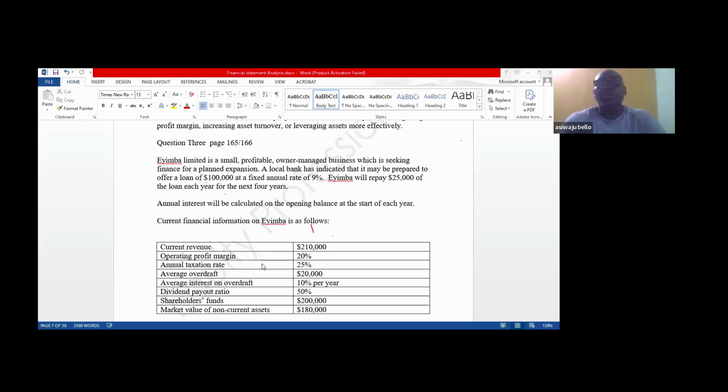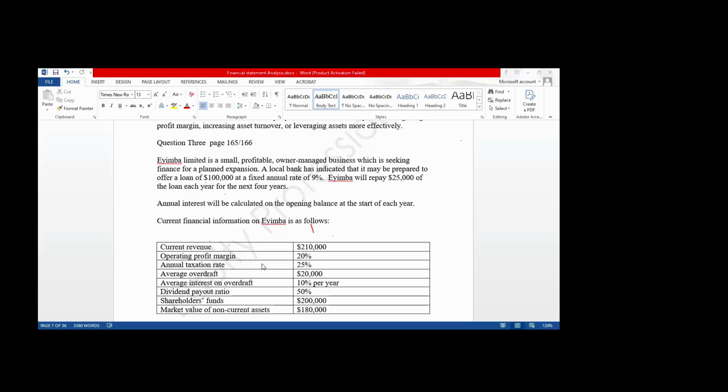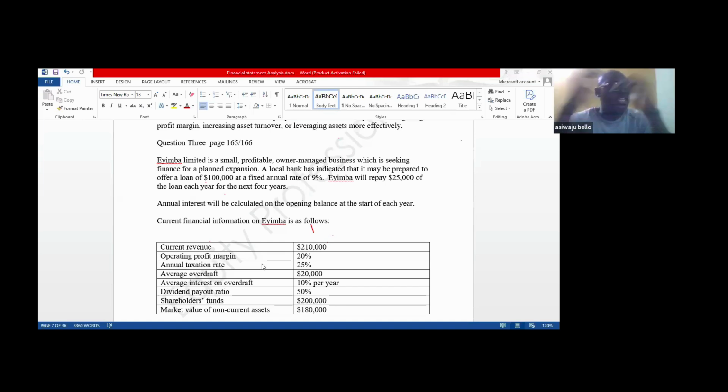Please, in your question, you are going to adjust that. In the question you have, in your material, you have net profit margin. The appropriate word should have been operating profit margin. So please adjust that. Note the adjustments.